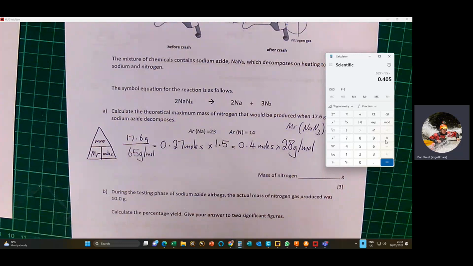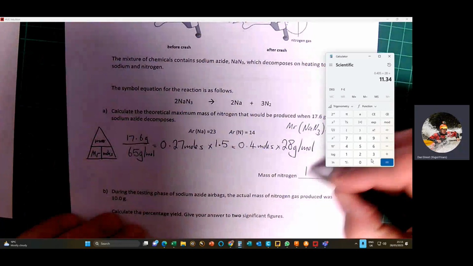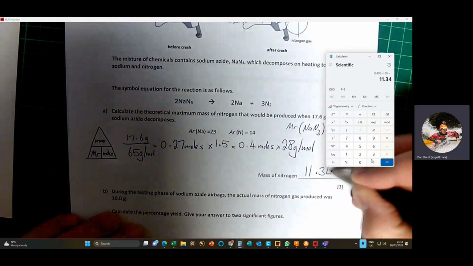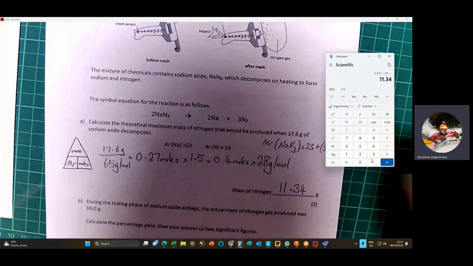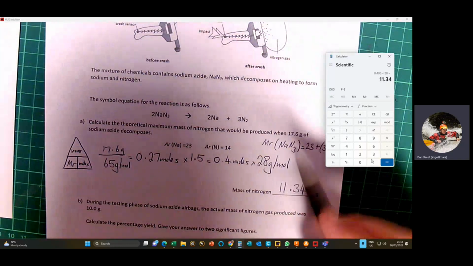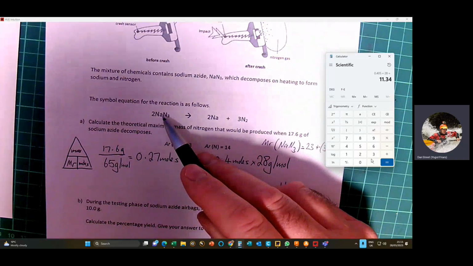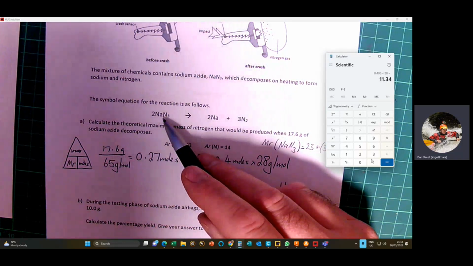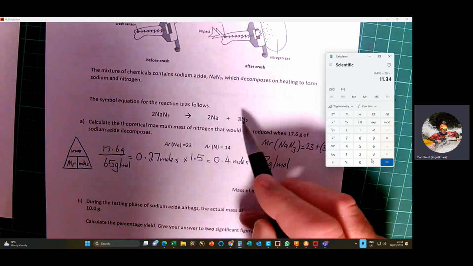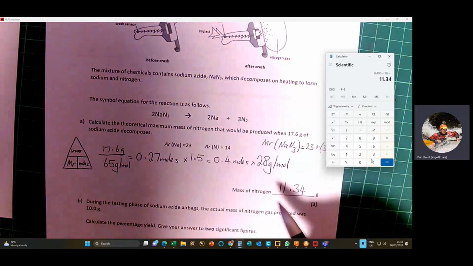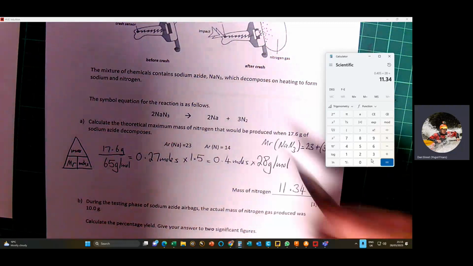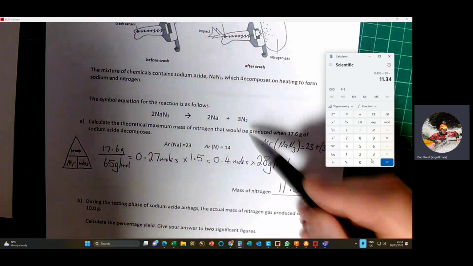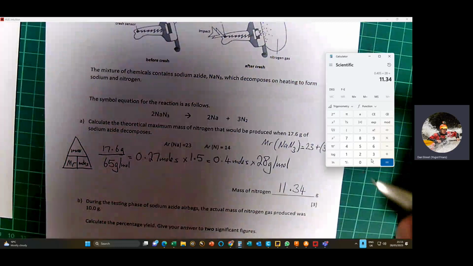And so if we multiply that by 28, gives us 11.34 grams of nitrogen. Okay, so what this is telling us is if you have 17.6 grams of sodium azide in your steering wheel, when it turns into sodium and nitrogen, then it produces 11.34 grams of nitrogen. Okay, which adds up because it's less than 17.6, and the sodium is relatively heavy.